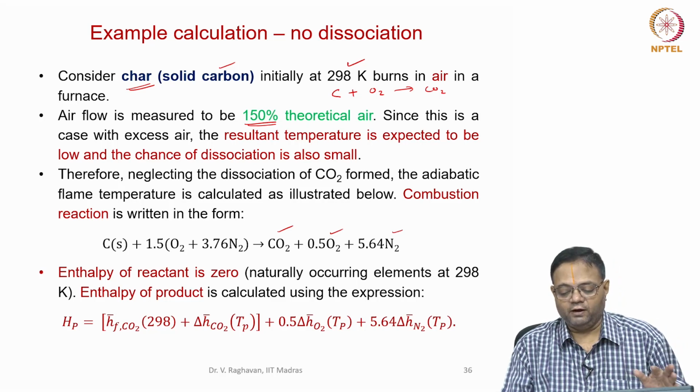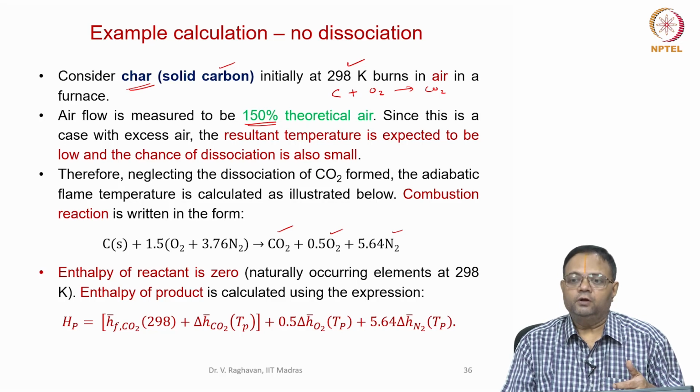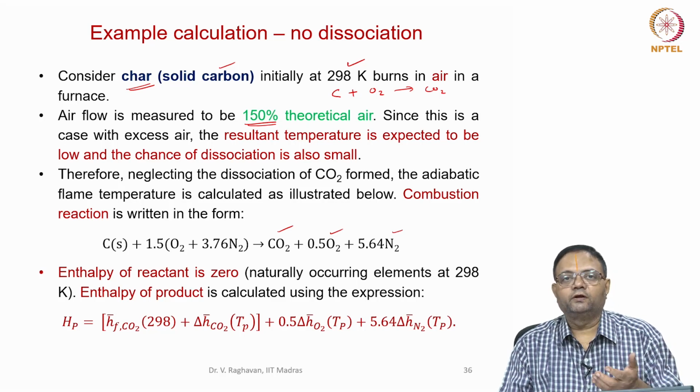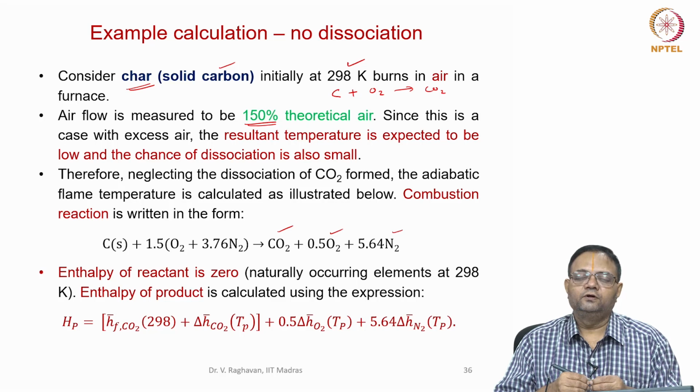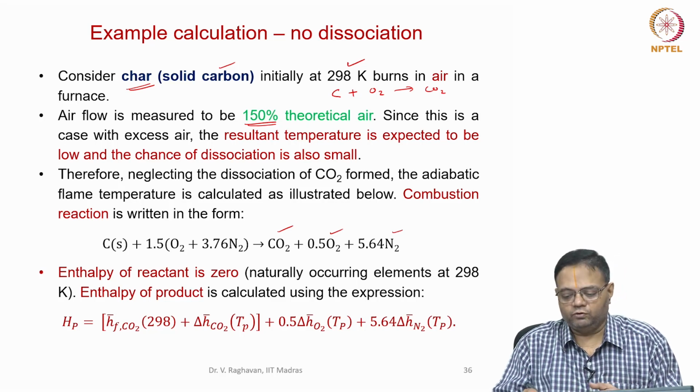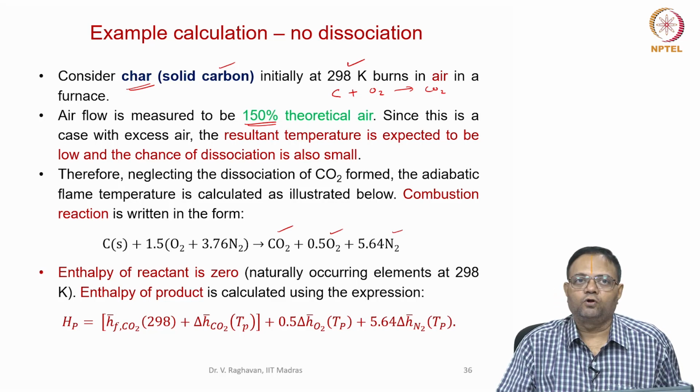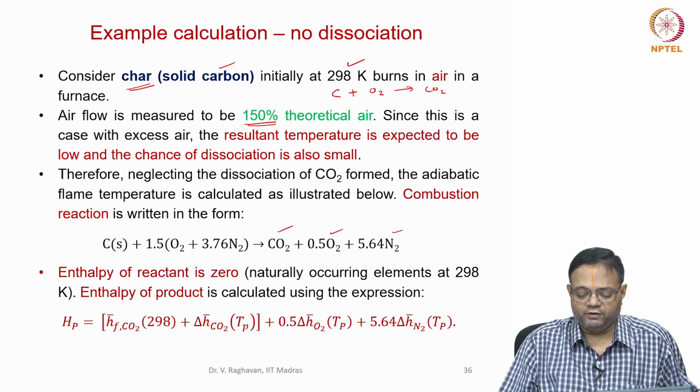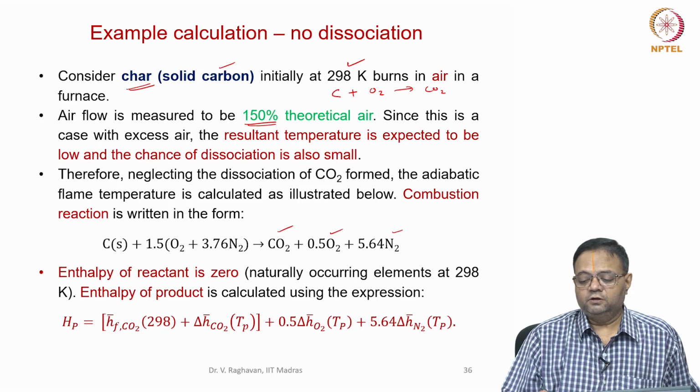See, there are two things here. Since excess oxygen is there, nitrogen also correspondingly increases, so the flame temperature is less. Whatever CO forms is also burned since excess oxygen is present. So, in this typical scenario, the composition of the products is fixed.